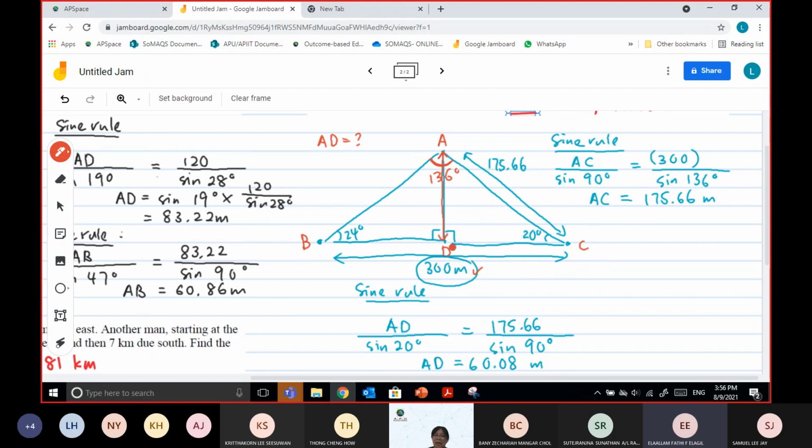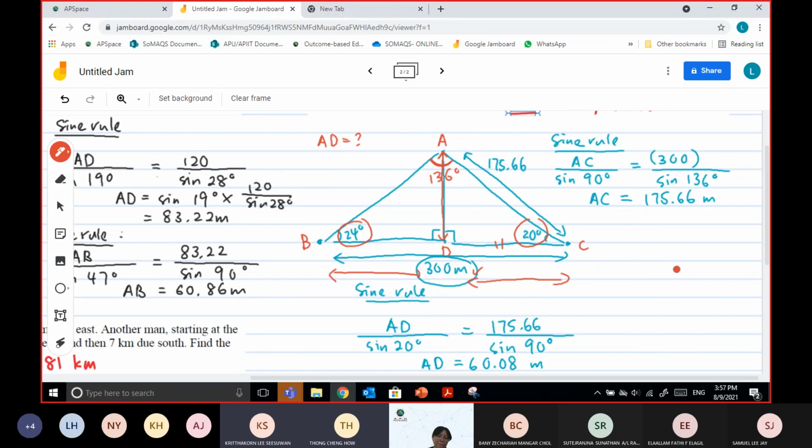Can you see, this part is not half of the 300 meters. Here is 24 degrees, here is 20 degrees. With the height here, we won't know the length for each part, and there are different angles. So it's not half.